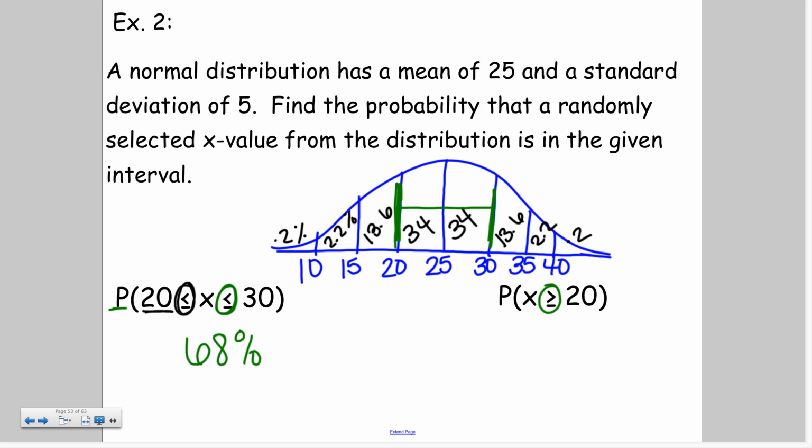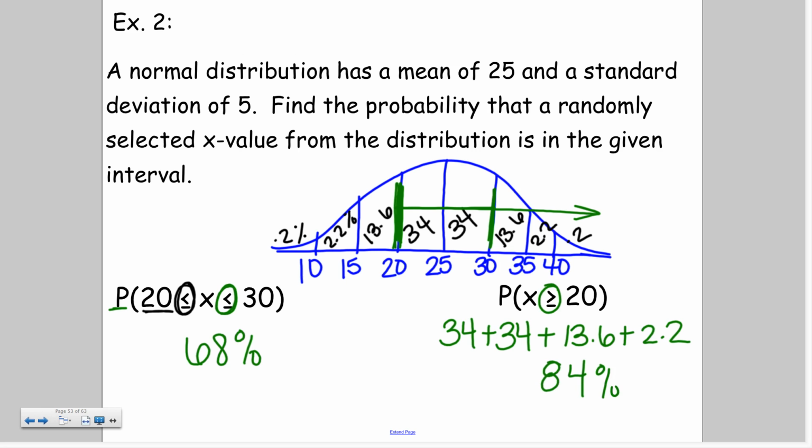I need to start here at 20 and go all the way up. So I'm going to add 34 plus 34 plus 13.6 plus 2.2. If you add them all up in your calculator, you're going to get 84%.